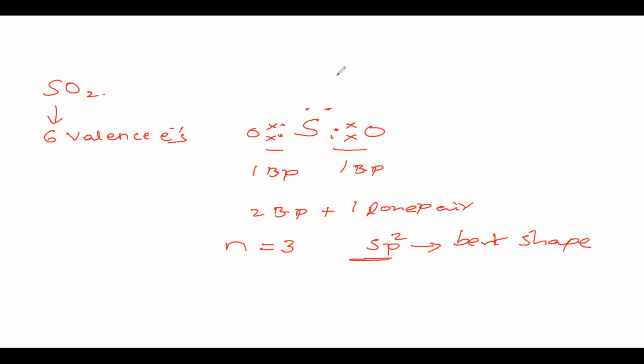Similarly, we can find hybridization by using the n factor. Let us consider a second example: xenon tetrafluoride, XeF4. We know xenon has 8 valence electrons because it is an inert gas.